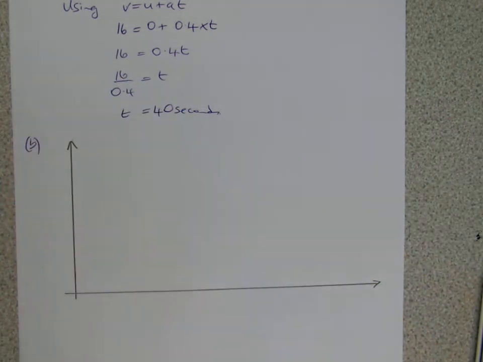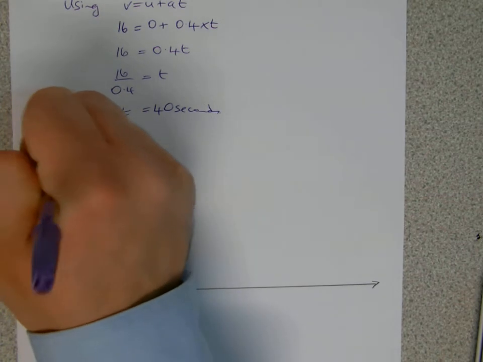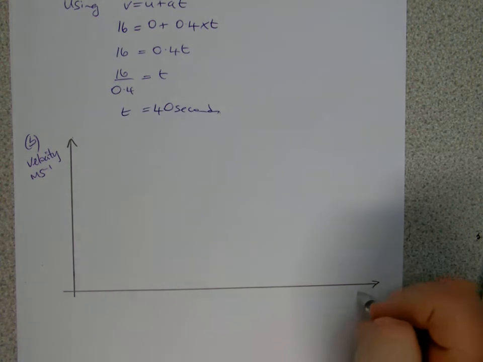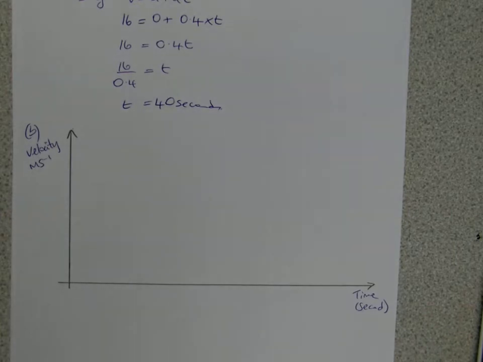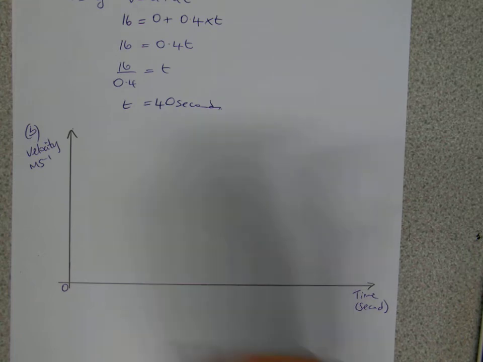So we try and put the values in roughly the right places. The first thing I always do is label the axes: velocity in meters per second, and time in seconds. This train starts at rest, so at 0, over here.